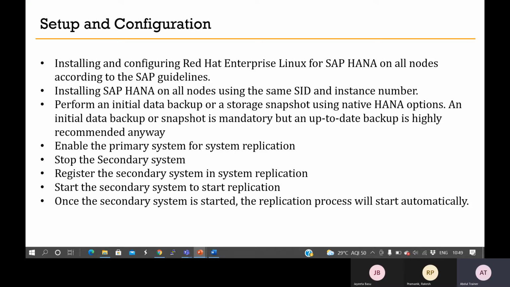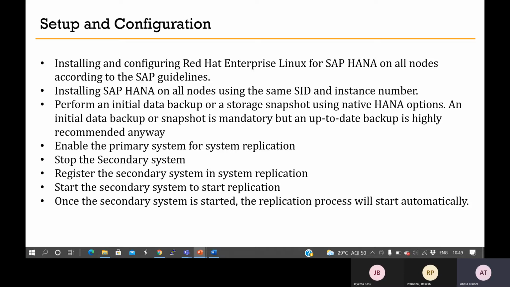Now, after stopping the secondary system, we have to register that secondary system to the primary database. There are commands for registration, and we have to execute them from the secondary database. So we log into the secondary database as SID ADM, and there we register.